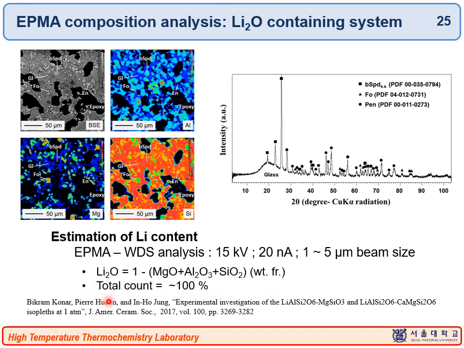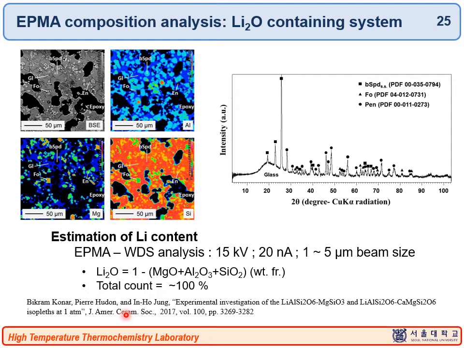Basically, we first check the EPMA total count, and if it is about 100%, we assume that the EPMA itself is working well. Then, based on the counts of the other elements, we can estimate the amount of lithium, for example.